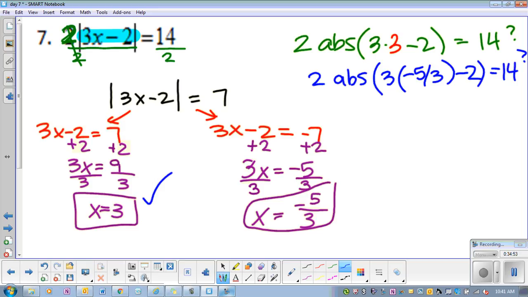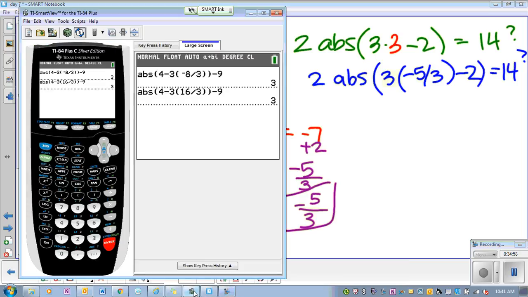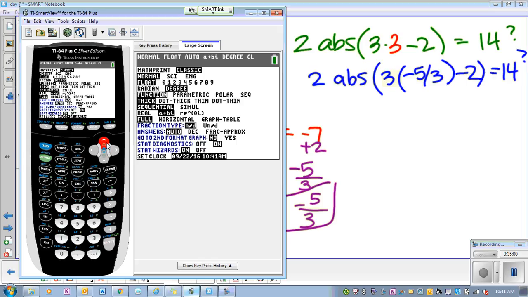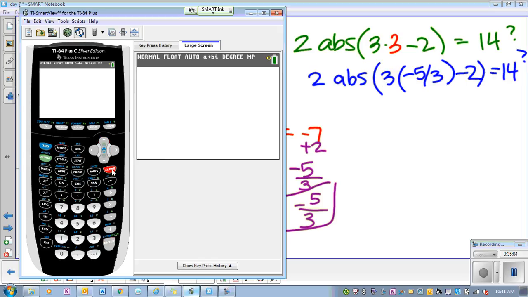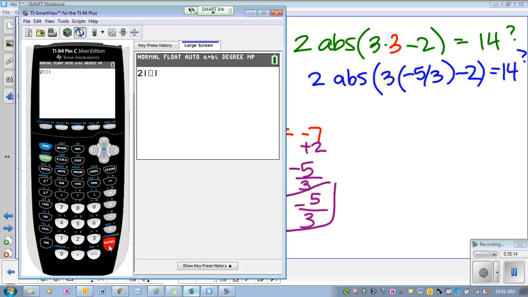So I'll switch my calculator for this one to math print. Do this one together. It's actually a lot easier if you have the bars, and then it doesn't look as confusing with all the parentheses. 2, math, number, abs. And then I have 3 times negative 5/3.